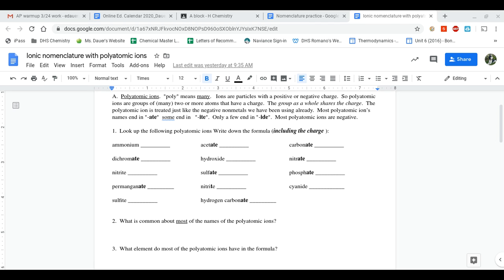The number one, first problem here, I think I'll go across. So ammonium is NH4 plus, acetate C2H3O2 minus. I don't know why I wrote C2O3O2 on my worksheet.